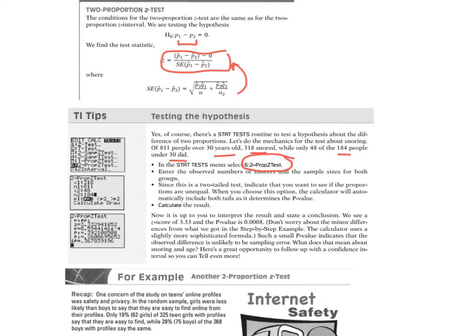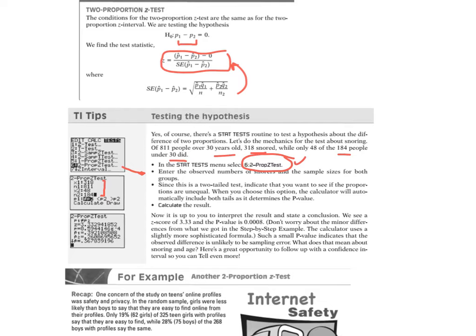So notice that their null hypothesis here is based off of a 2 proportion z-test. Anytime you're doing a hypothesis test, you have to choose a test, which is number 6 on your screen. They also gave you the same information as we did before. So notice it's 318 out of the 811, and then 48 out of the 184.